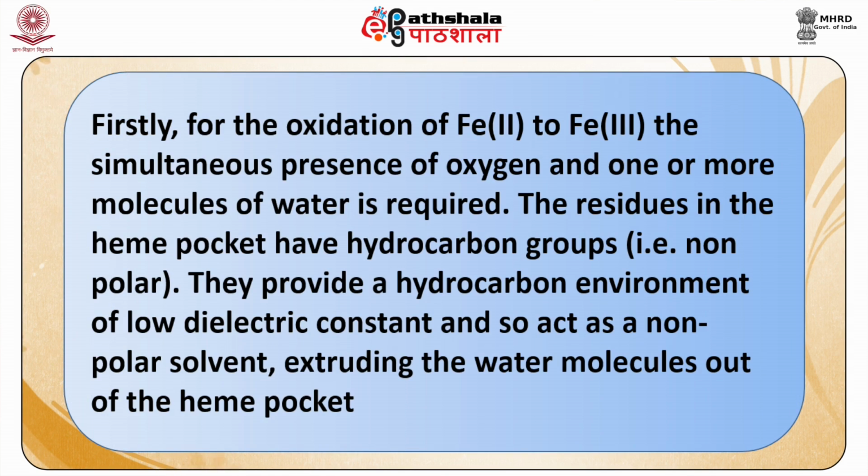Firstly, for the oxidation of ferrous to ferric, the simultaneous presence of oxygen and one or more molecules of water is required. The amino acid residues in the heme pocket have hydrocarbon groups, that is, non-polar groups. They provide a hydrocarbon environment of low dielectric constant and so act as a non-polar solvent, extruding the water molecules out of the heme pocket, thus preventing the oxidation of ferrous.